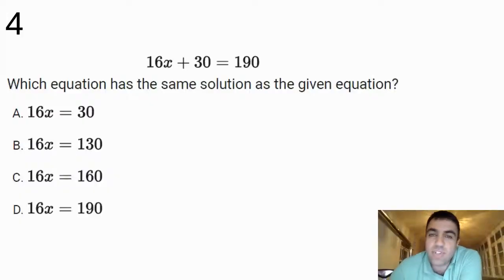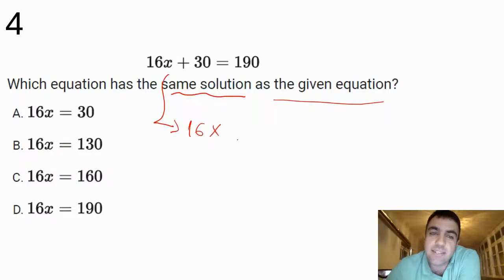Which equation has the same solution as the given equation? Fear says C, Mr. Saif says C, and Mr. Nizat says C. Okay, let's solve this question. 16x is equal to, if it is plus in the left side, it should be minus in the right side, and 160.